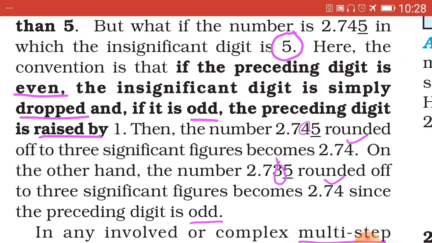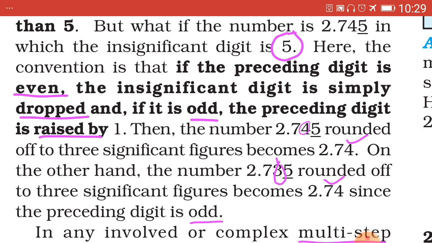The insignificant digit, that is 5, has to be dropped. And if it is odd, the preceding digit is raised by 1, meaning you have to add 1 to that number. From an example it will be more clear, instead of remembering long sentences.